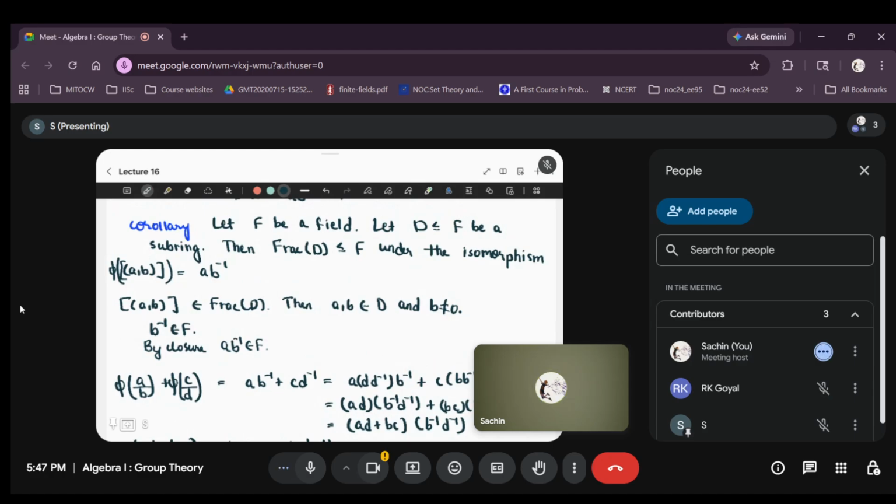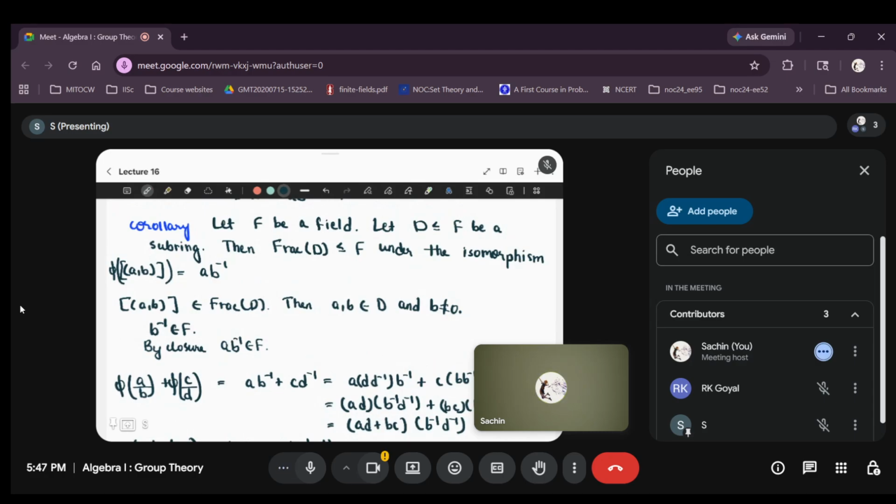So, if you have an integral domain, you can always construct a fraction field, frac D. That I have already shown. And I also said that there is an isomorphism between that integral domain and a subset of frac D. So in the integral domain, if you have an element a, you can map it to a by 1 in frac D. So this is actually an isomorphism.